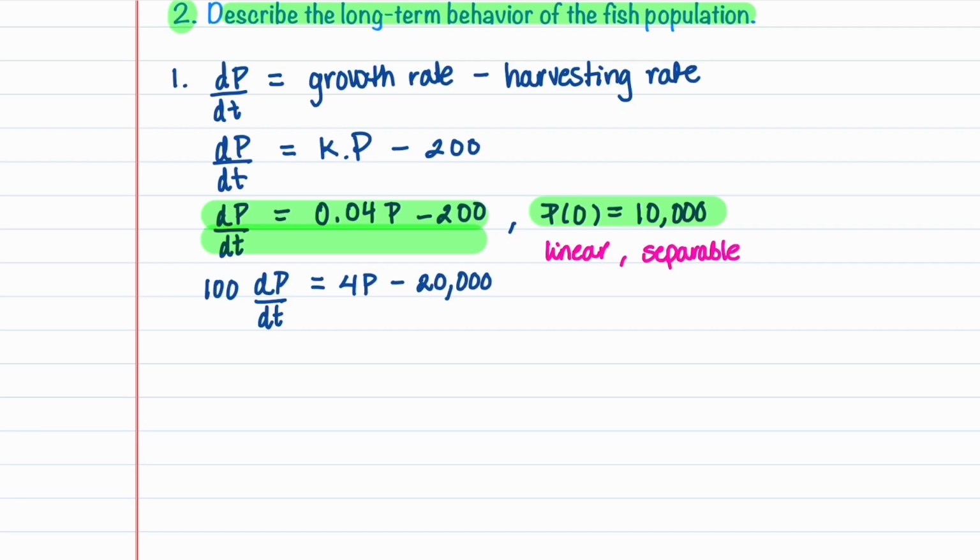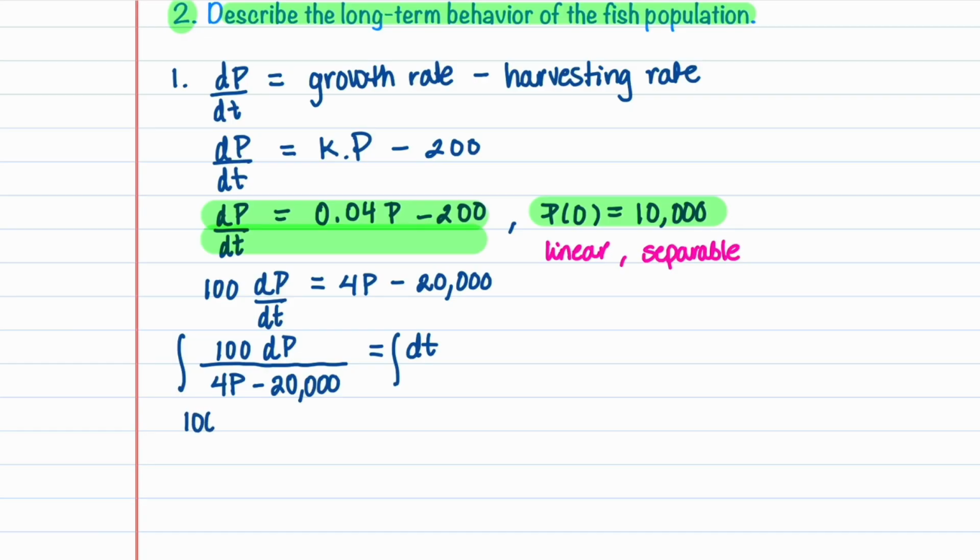Now let's separate the variables. On the left, we have 100 dP, and we're going to divide this by 4P minus 20,000. And on the right, we get dt. Now we can go ahead and integrate both sides.